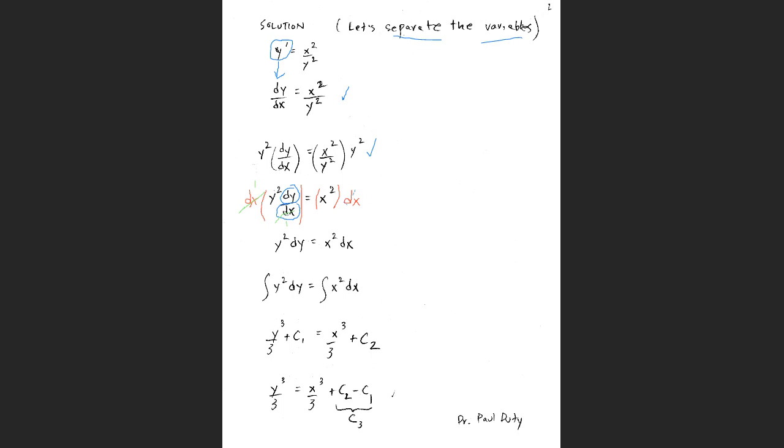And so now you have y squared dy equals x squared dx. And you've separated the variables. The variables are separated.